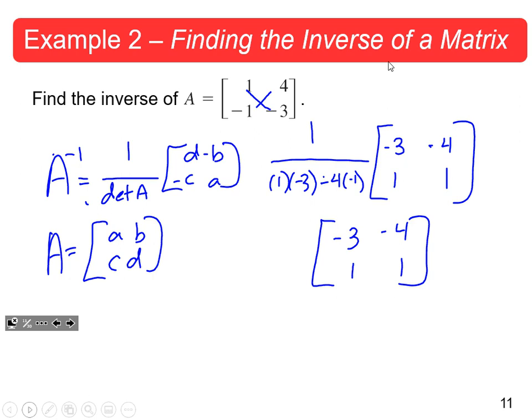The x to the negative 1 is inverse, because it is the button we use for matrices. It'll also give you the inverse.